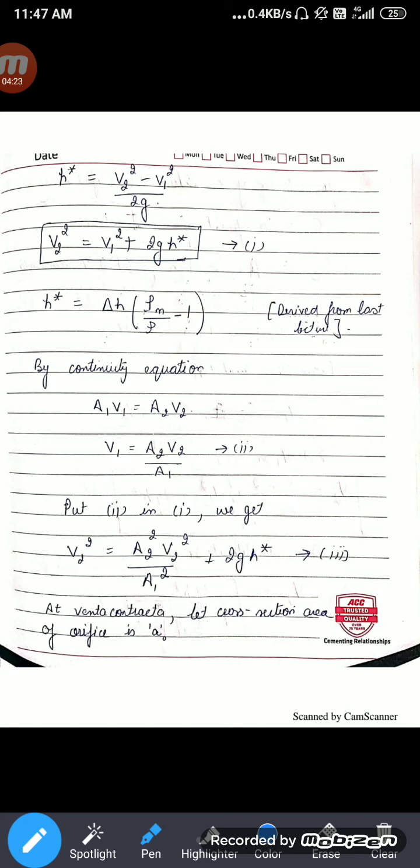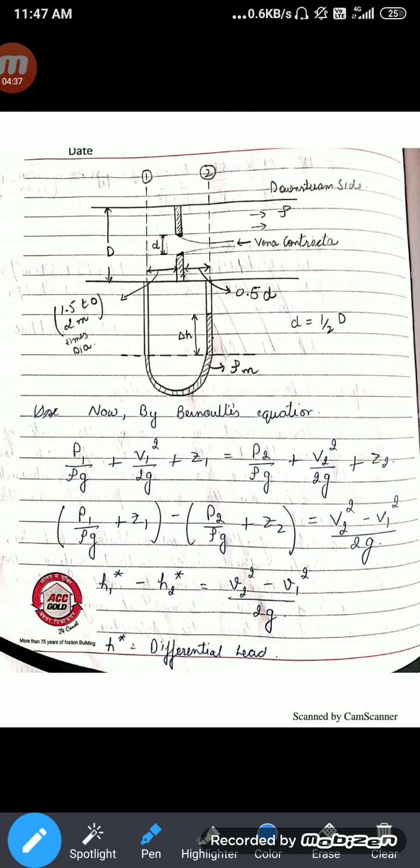We derived it in the last lecture in the case of the Venturi meter. Delta H is the rise in the manometric fluid.